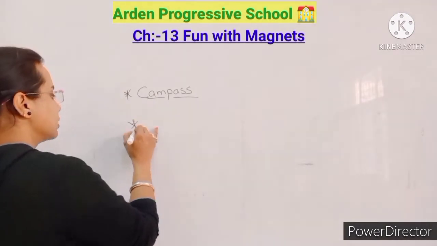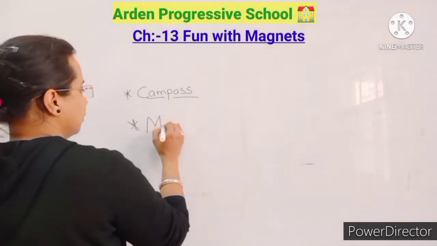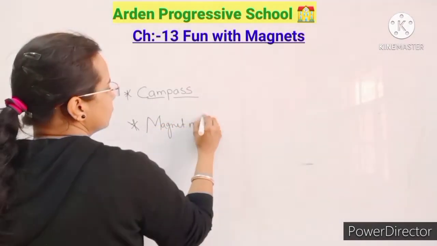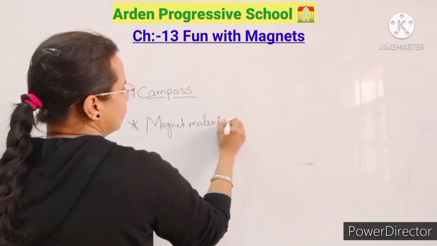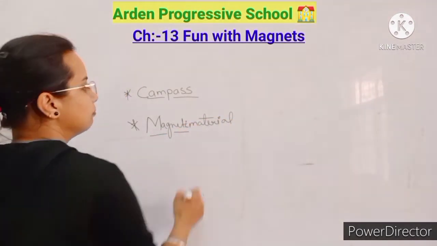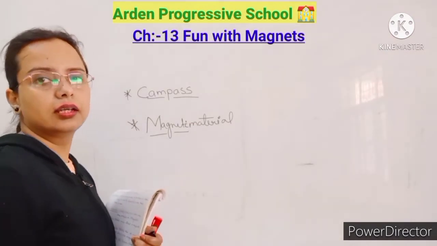Now the next one is magnetic materials. What are the magnetic materials? Magnetic materials are those materials which get attracted by the magnets.